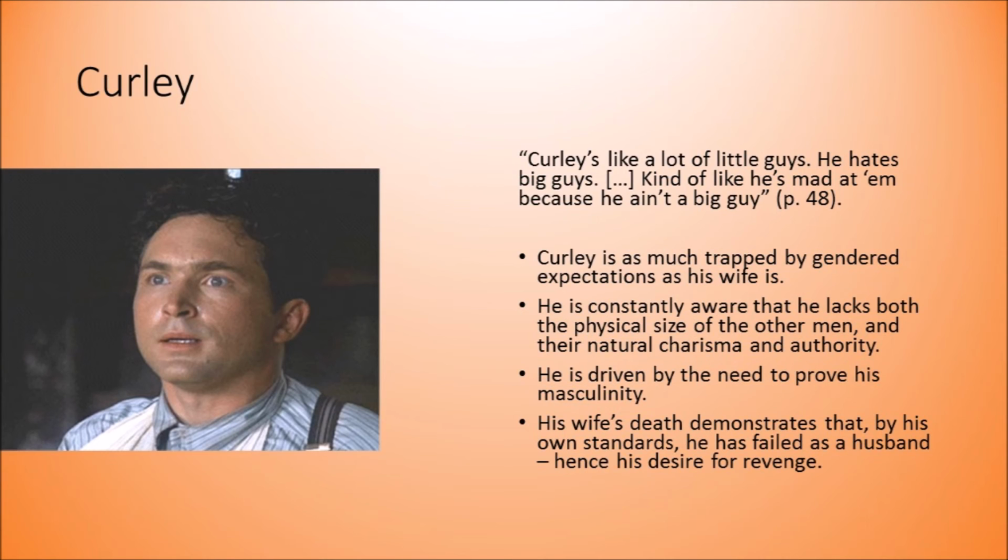So his desire to get revenge doesn't come about through grief for her. It comes about because it's just one more way in which he needs to prove his masculinity, particularly when it was Lennie who injured him before.